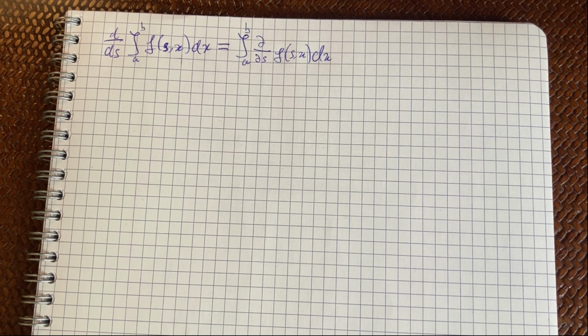And this very simple rule is extremely useful for simplifying all kinds of integrals, because rather than calculating the integral we are given, we can introduce an additional parameter that changes the function we're integrating, and it can greatly simplify the calculation.